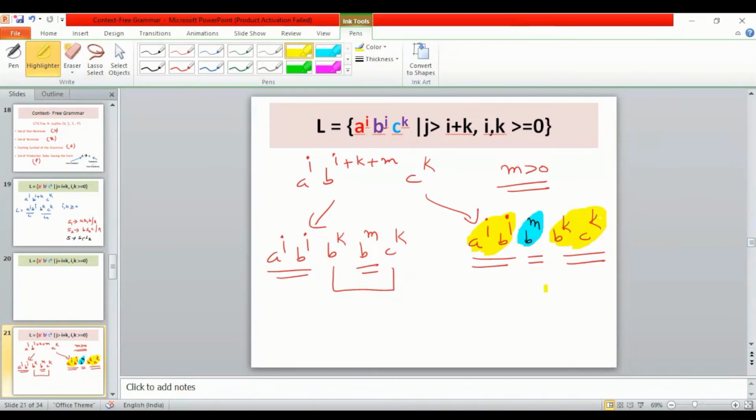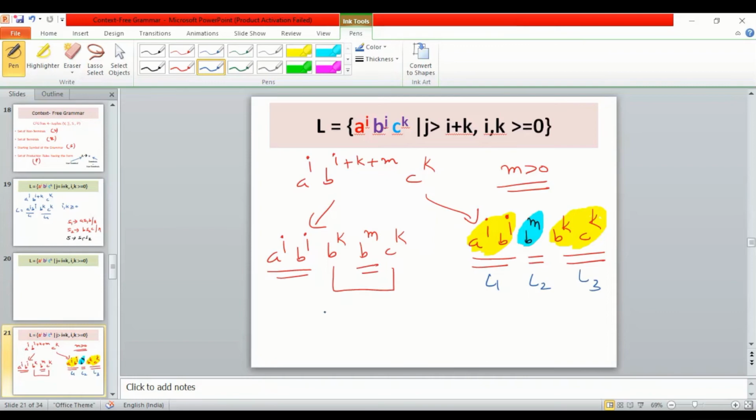So let us consider the second alternative. For the first language it is L1, here it is L2, here it is L3.